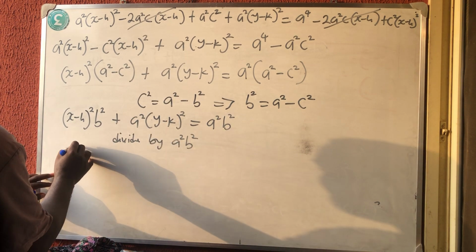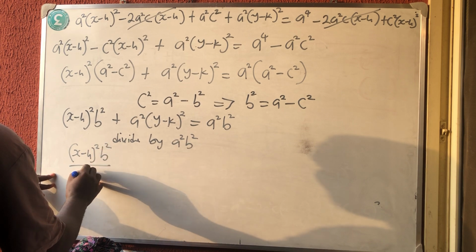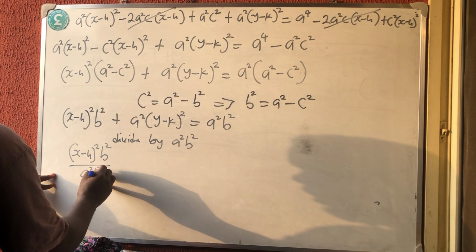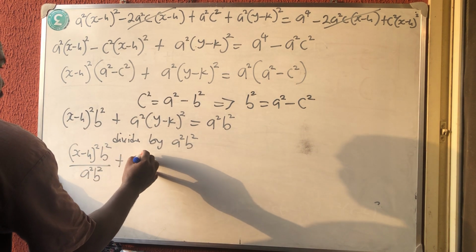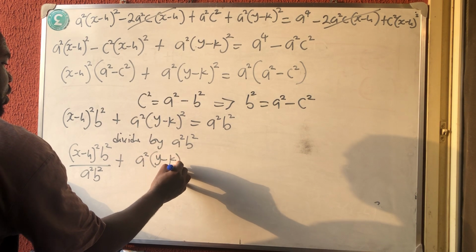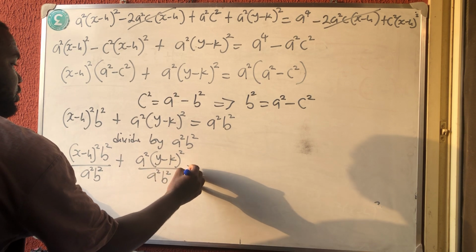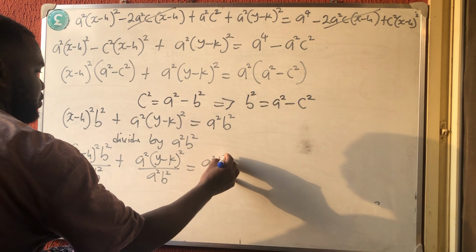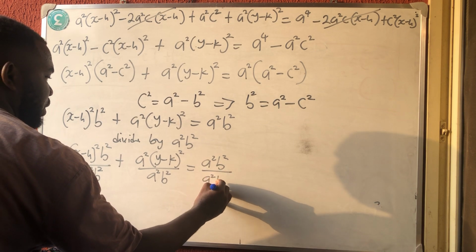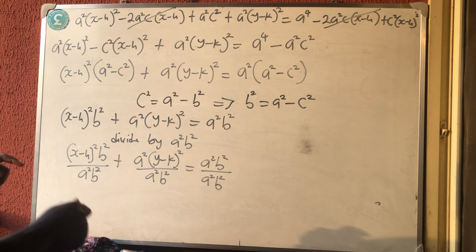So I'm going to have x minus h all squared b squared all over a squared b squared, plus a squared bracket y minus k all squared all over a squared b squared, is equal to a squared b squared over a squared b squared. Okay, so if we have this, we see that some things can cancel out.